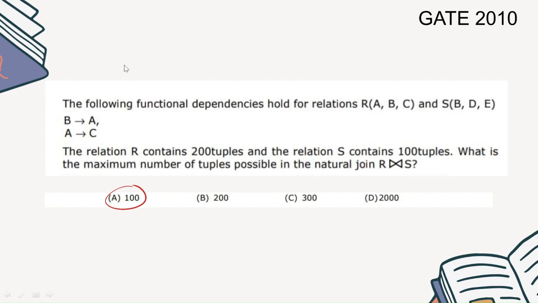What is the maximum number of tuples possible in the natural join R join S? So as we know, in a natural join every tuple should be unique and repetition isn't allowed in the natural join. Therefore, 100 would be the right answer of this question. That is option number A.